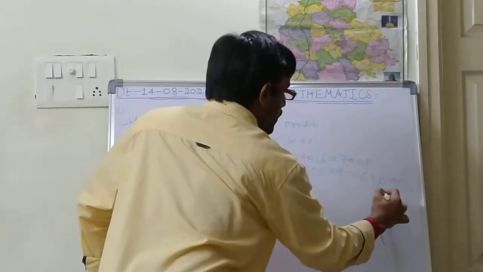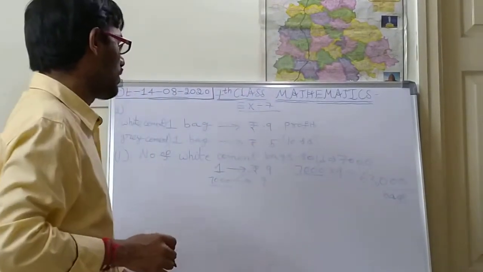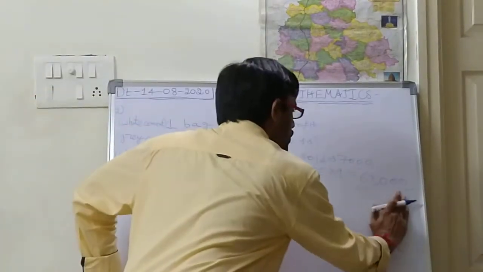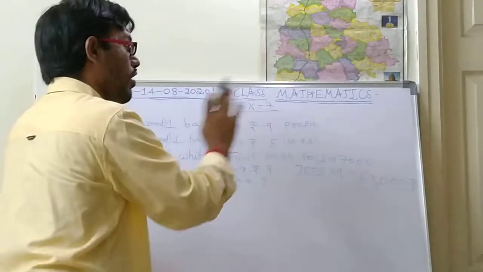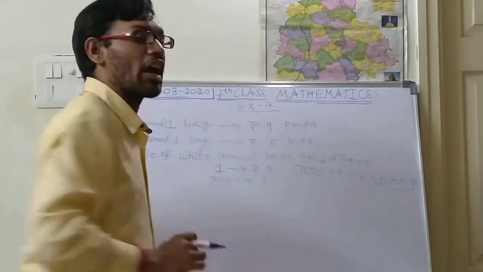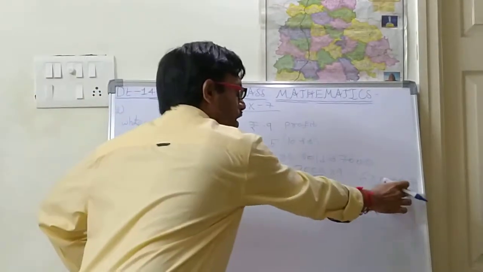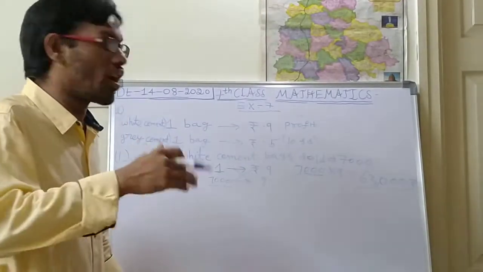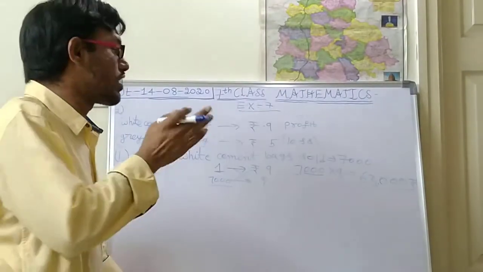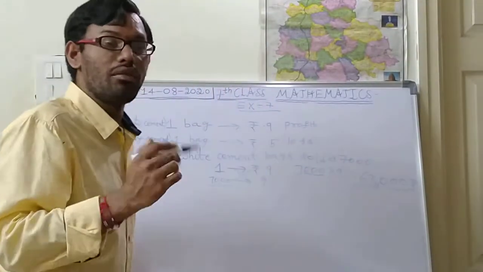Rupees 63,000 they got as profit. For each bag 9 rupees profit, so for 7,000 bags they got finally 63,000 rupees as extra money, instead of the MRP price.